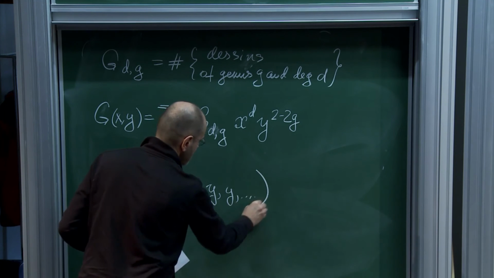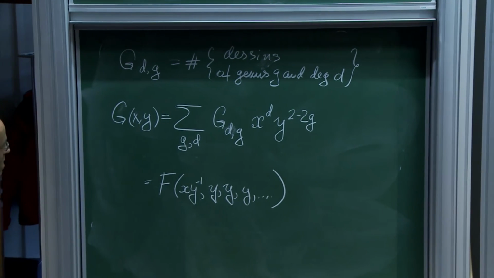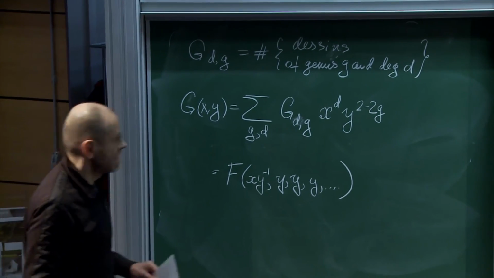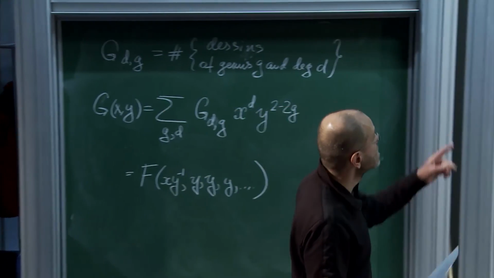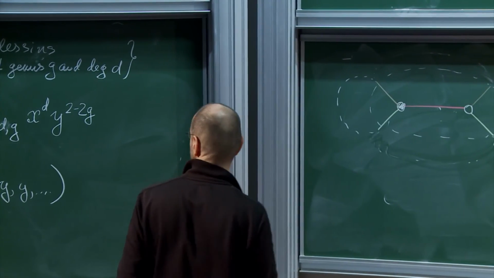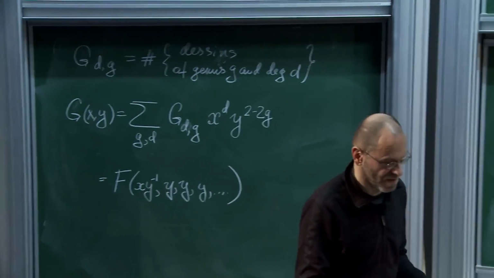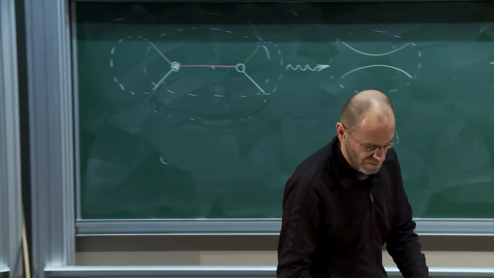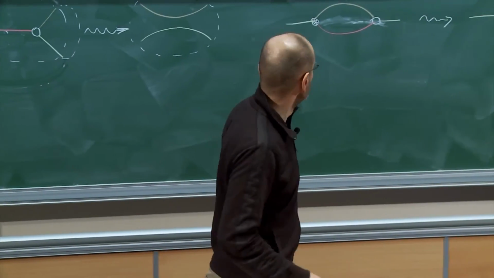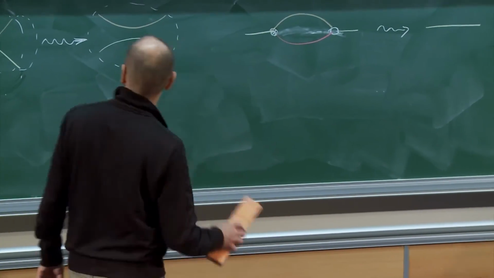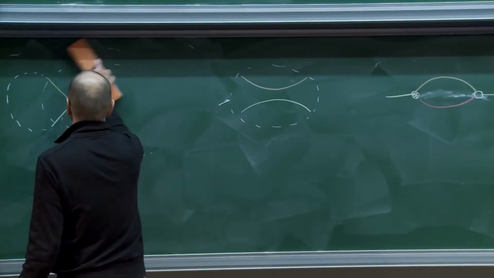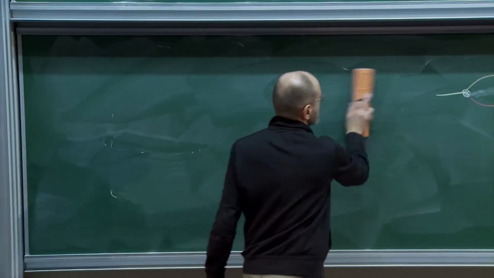So in particular, this theorem gives an algorithm for computing these numbers. These numbers were actually considered first around 1975.